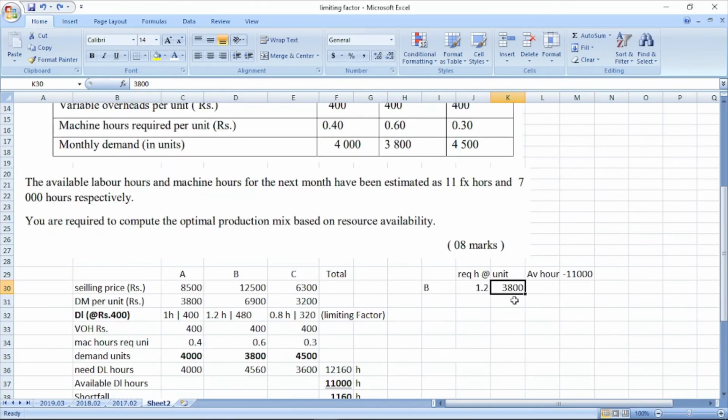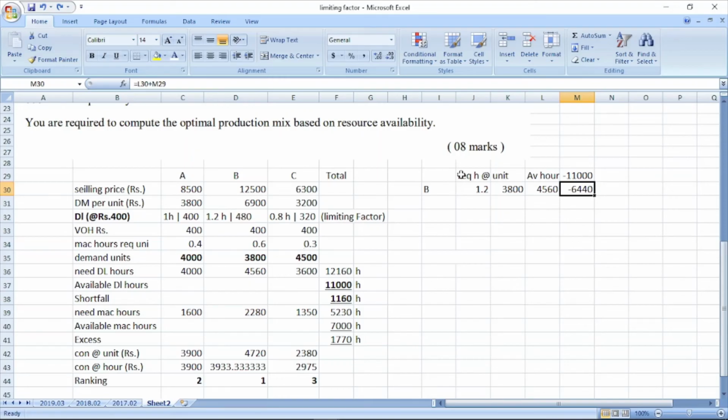So 3,800 into 1.2 is 4,560. We have 11,000 hours only, so 11,000 minus 4,560, after producing B we have 6,440 direct labor hours.